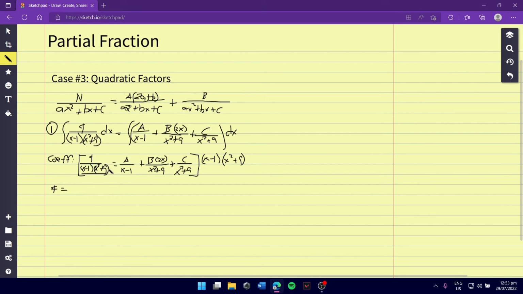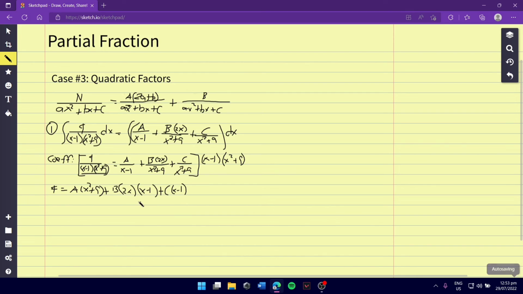Next, x minus 1 here will cancel out, so this will become A times the x squared plus 9. And then x squared plus 9 here will cancel out, so this will become B times your 2x, then times your x minus 1. And then in your C, we'll cancel this out, so we have x minus 1.